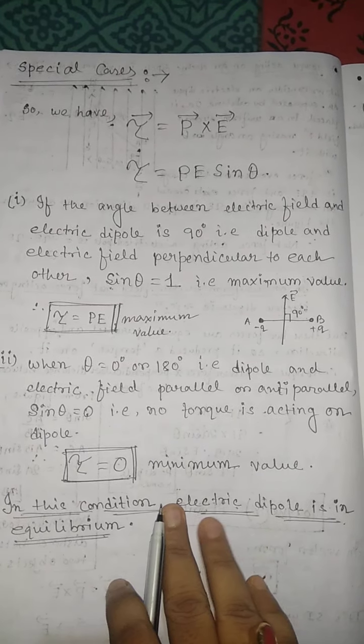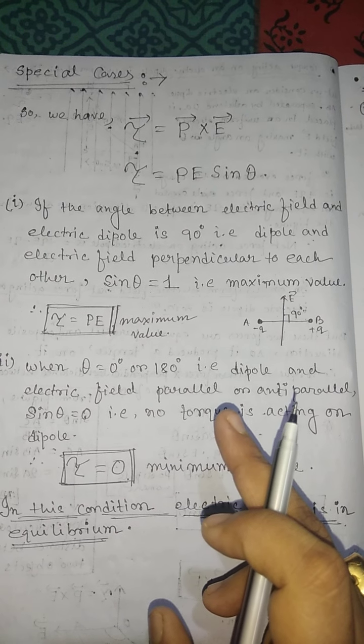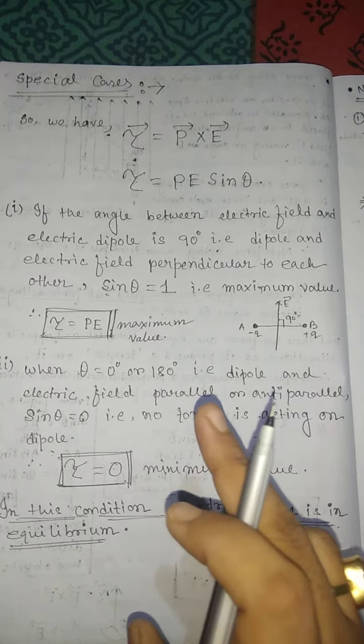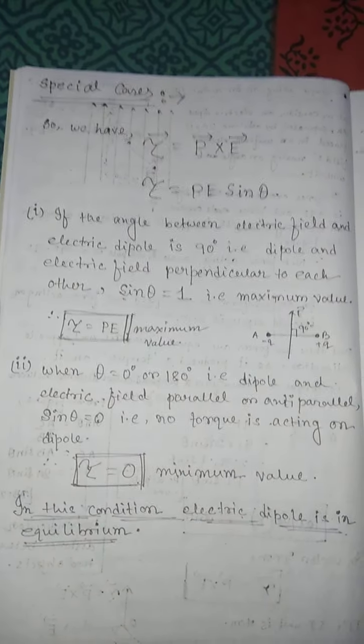Now the minimum value occurs when theta equals either 0 degrees or 180 degrees. 0 degrees means parallel to the electric field, 180 degrees means anti-parallel.